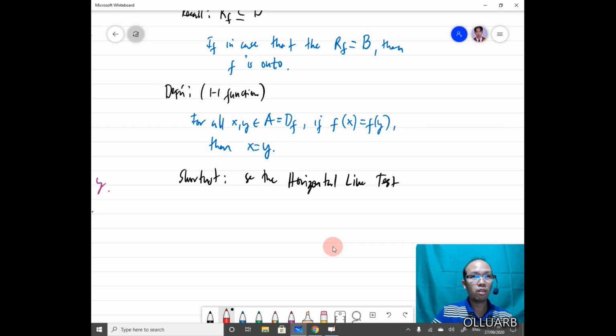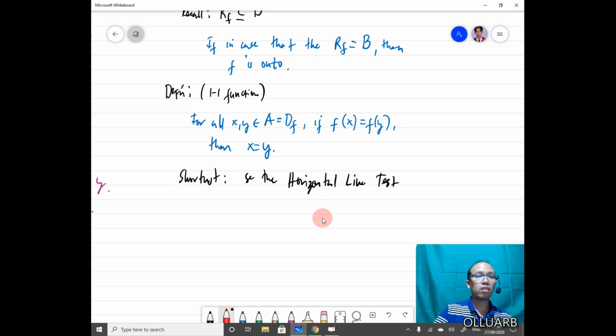Or if you look at the graph and use this test, this is just the same as the vertical line test. If it is not satisfied by this test, then you can create a counterexample that the given equation is not one-to-one.